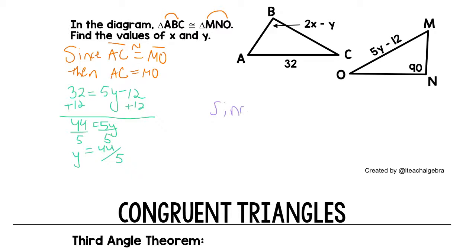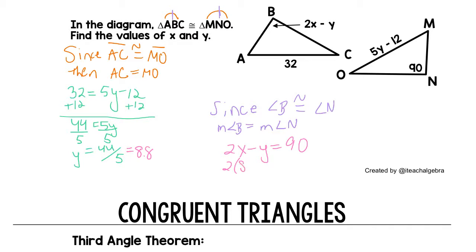Also, for x, since angle B, which is in the center, is congruent to angle N, also in the center, the measure of angle B is equal to the measure of angle N. So we can say 2x minus y equals 90. I'm going to turn y into a decimal for this and call it 8.8.